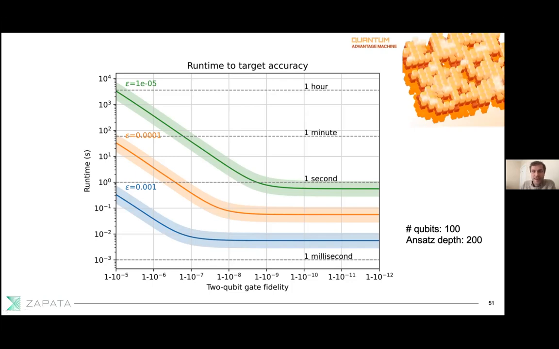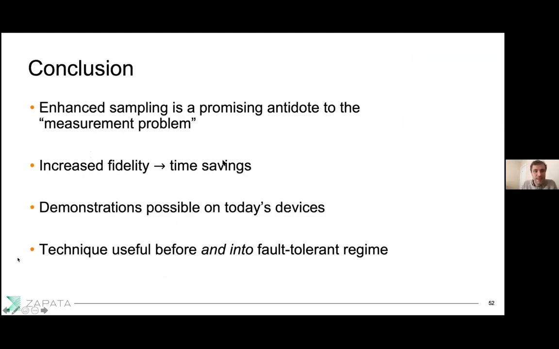So we expect that the quantum advantage machine will use techniques like this to overcome this measurement problem. And we look forward to a lot of work over the next few years in making these techniques work on real devices. So with that, I'll conclude.